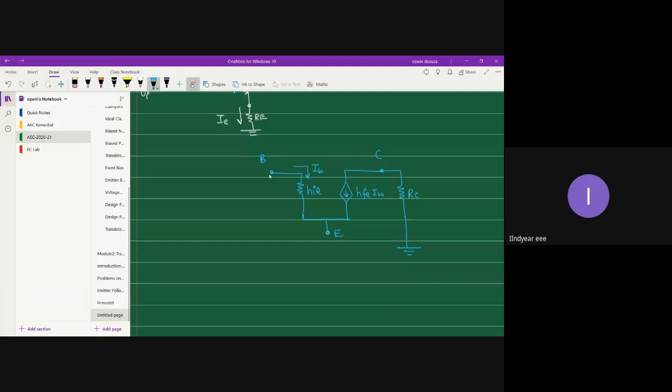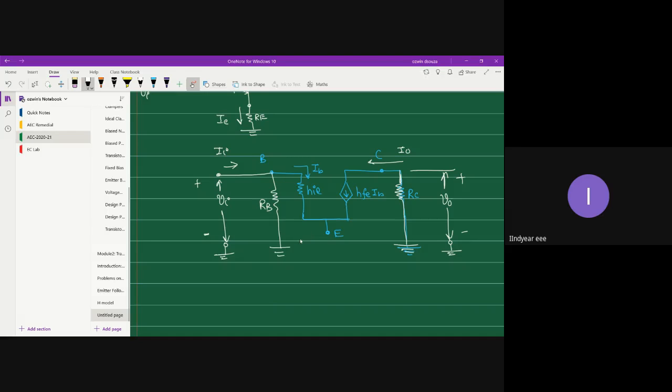On the input side, I have RB, and then I have my VI with respect to ground. Similarly, I'll have my V naught measured with respect to ground. Let me put the polarities. So this is my II and this is my I naught.